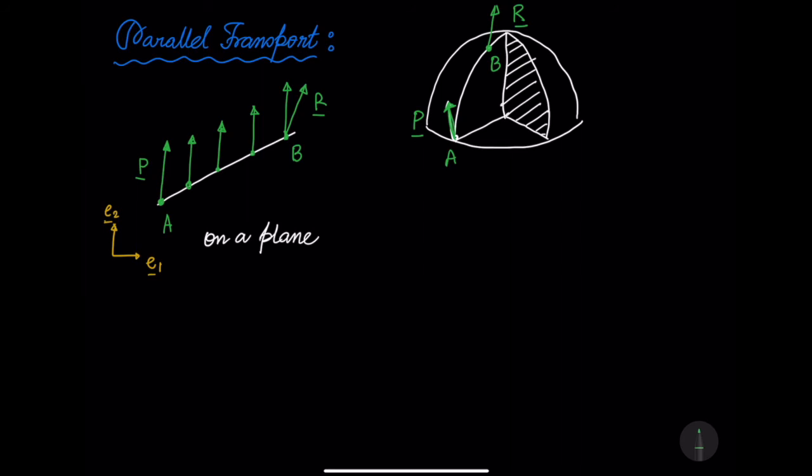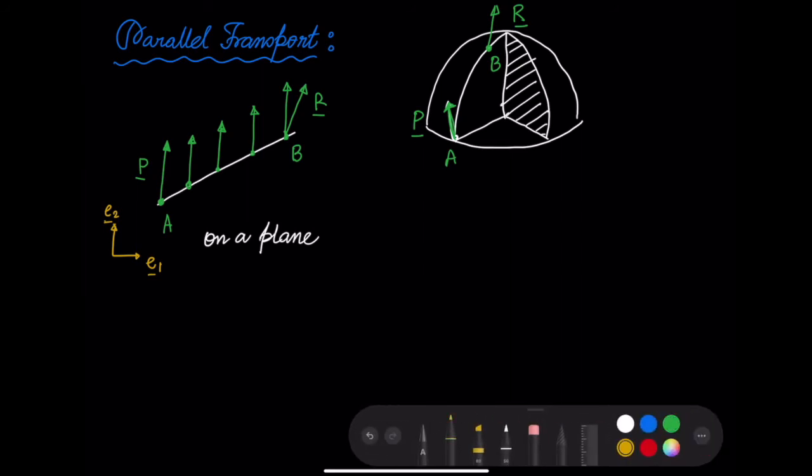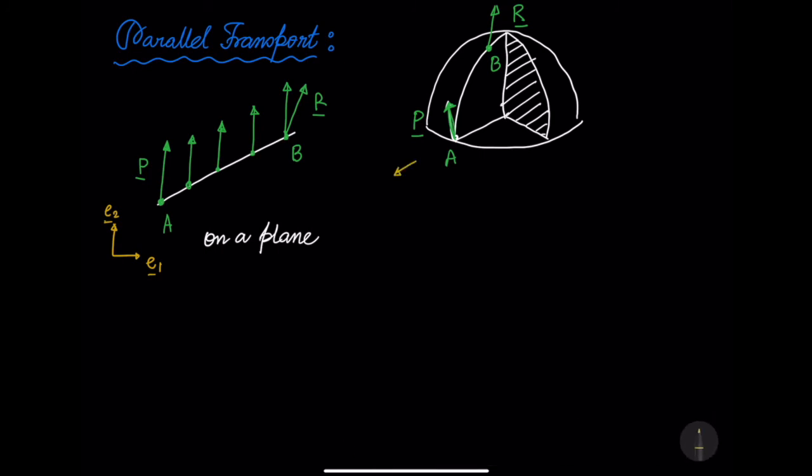Let us draw the unit vectors at P. As you can see, we are dealing with polar coordinates. So this is E1 and this is E2. The unit vectors at P, if I draw, this is E2 prime and E1 prime should be radially outwards. And you see, it's very difficult to compare such two vectors.